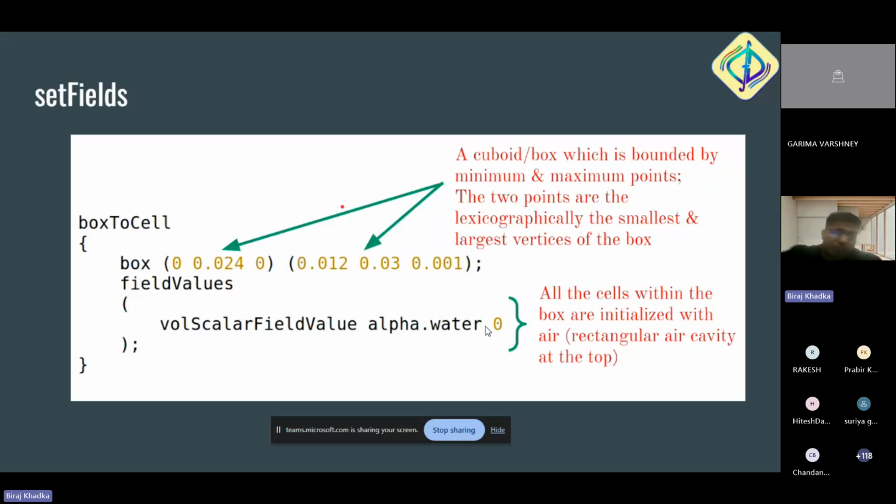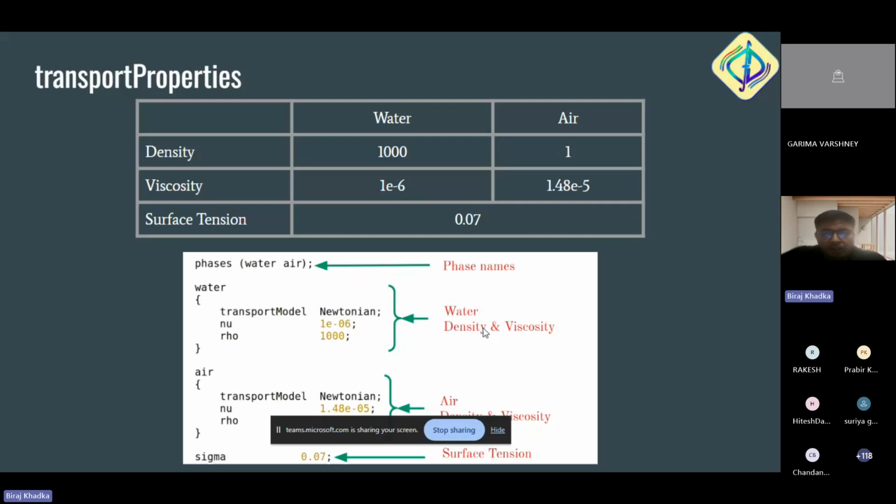Inside the transport properties, we define the fluid properties like density, viscosity, and surface tension. The density of the water is taken as 1000 kg per meter cube, and for the air, 1 kg per meter cube. The phases are water and air, and for the water, the Newtonian fluid model is used and not the non-Newtonian.